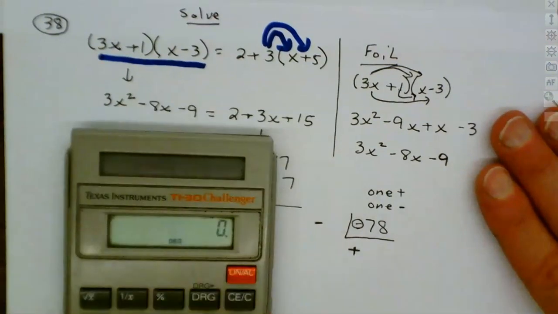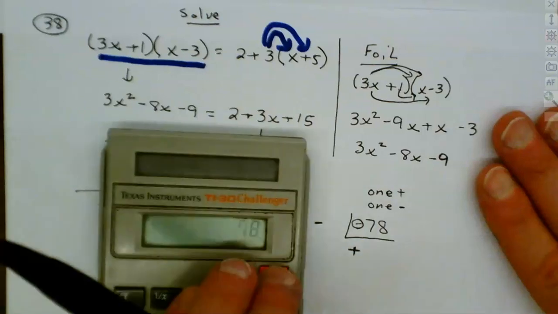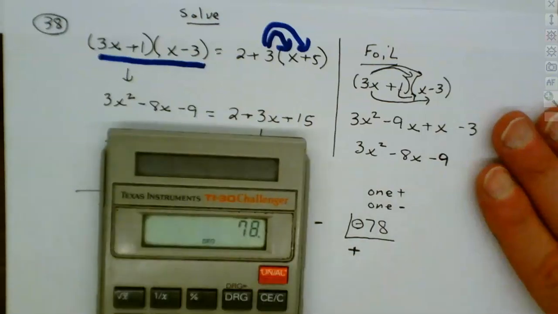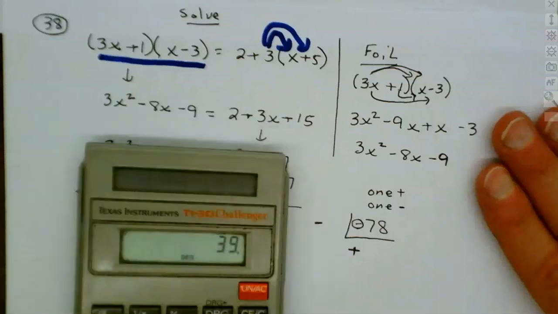So let's try, a 4 won't go in there, 5 won't go in there. We tried a 3. Let's make sure I didn't make a mistake here because we've got 3 times that 26. It's a negative 78, right? And we haven't tried a 2 yet, but we could try a 2. 2 and 39 is definitely not going to work.